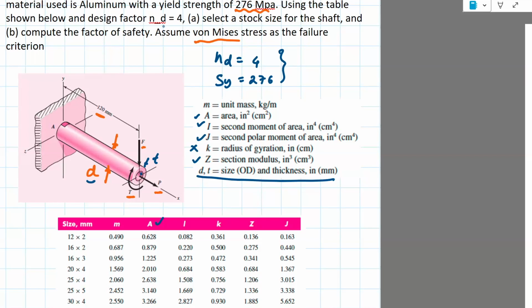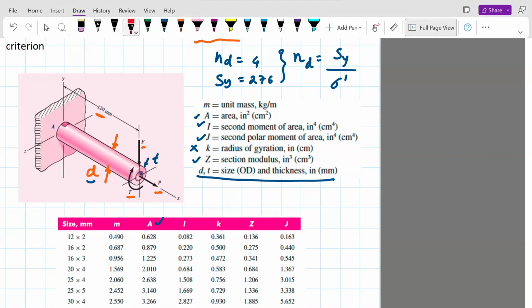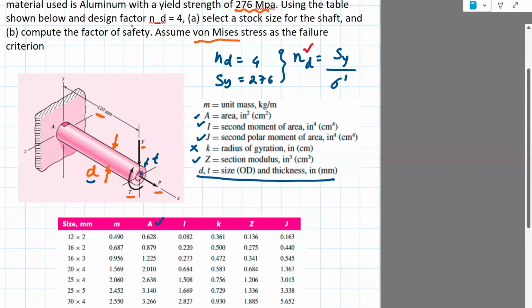So we know that nd is the yield strength divided by the von Mises stress. We know this, we know this, and this we can now compute because it's straightforward based on those two values. This design will give us a certain von Mises stress, and it's a matter of figuring out which von Mises stress gives us the appropriate value, which doesn't lead to greater than that value.